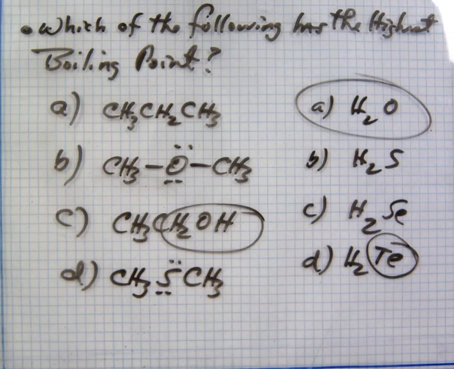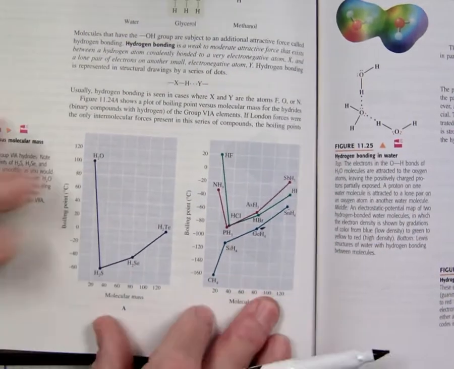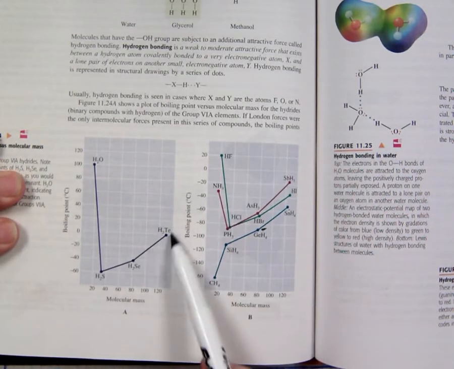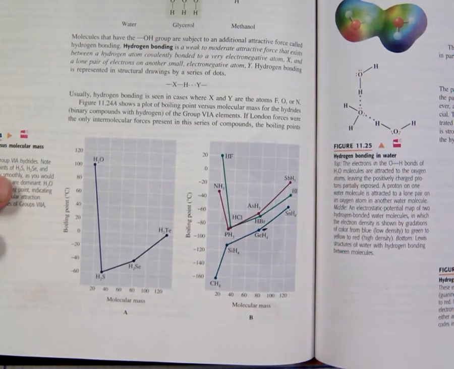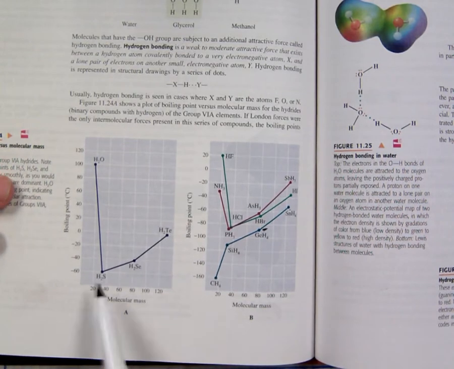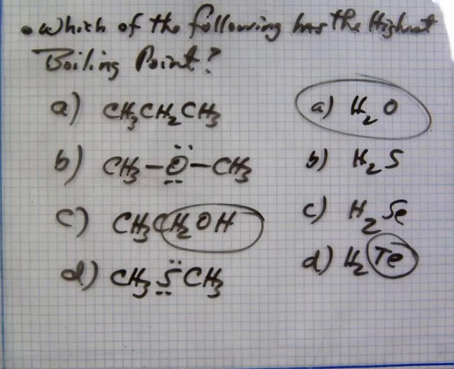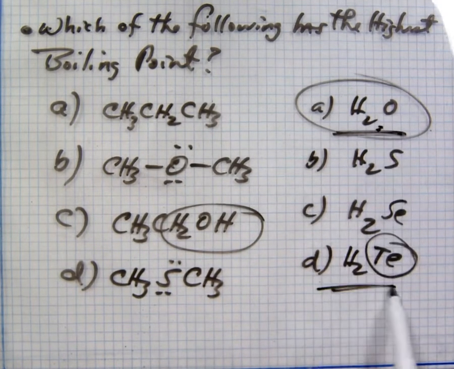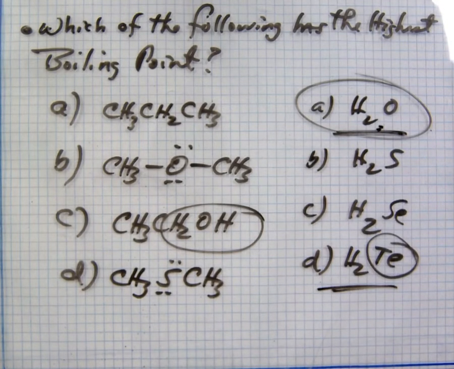I showed you that in the graph. Size then takes over to push up boiling points here. So don't get snookered by that idea. See here, size takes over, and the Te is larger than the selenium and the sulfide. Okay, so kind of check mark that in the back of your mind as you approach exam day. But I do throw a couple of those in there to keep you honest. But anyway, this would certainly be the highest, but this would be the second highest boiling point. Everybody good on that? Kind of, sort of?